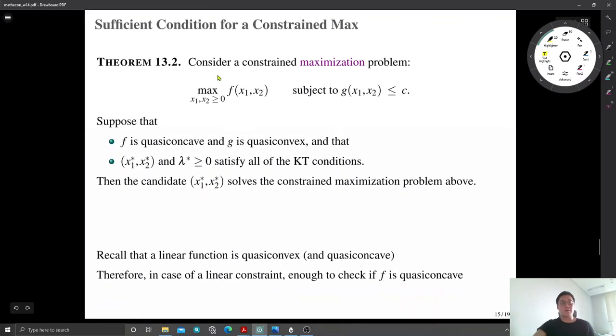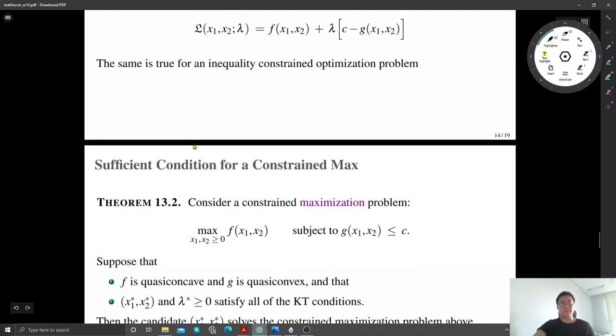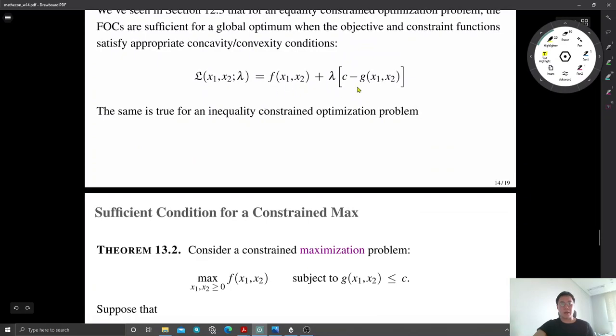Right? So to summarize, if we have a constrained maximization problem, the standard maximization problem, and suppose that f is quasi-concave, and g is quasi-convex.